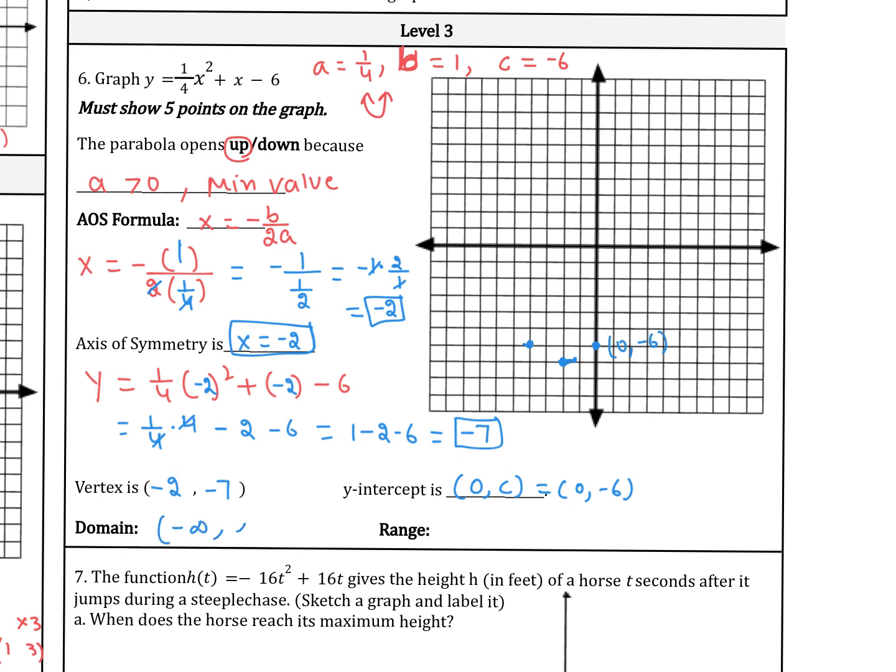Domain is always the same, -infinity to infinity. It is going to be a wider graph because A is less than 1.